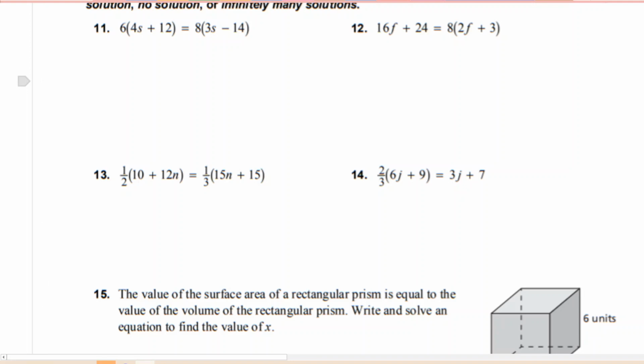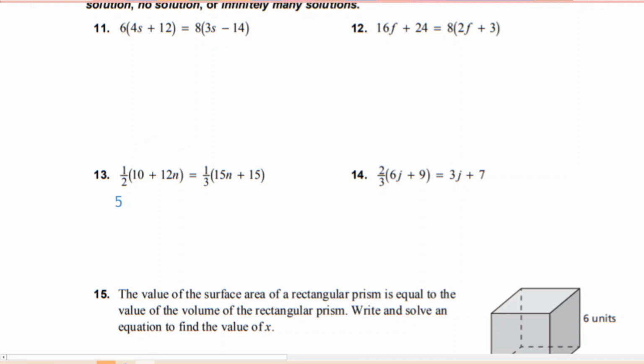So we'll start off with a distribution on the left side. What is half of 10? Because we are distributing now, we're going to do 1/2 times 10. And half of 10 is 5. And then we're going to distribute again. What's 1/2 multiplied by 12? And half of 12 is just 6.